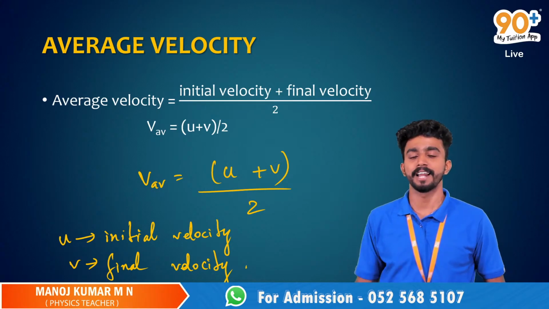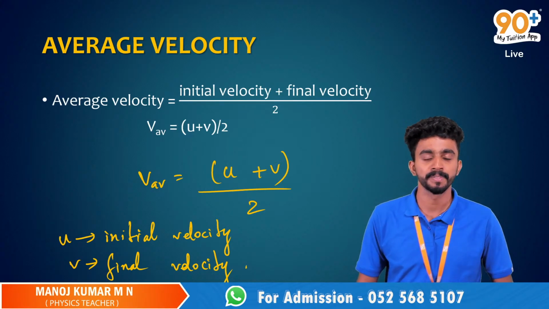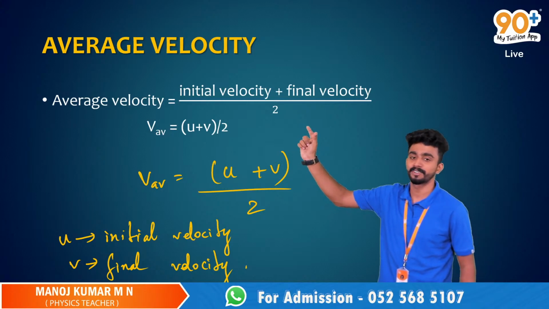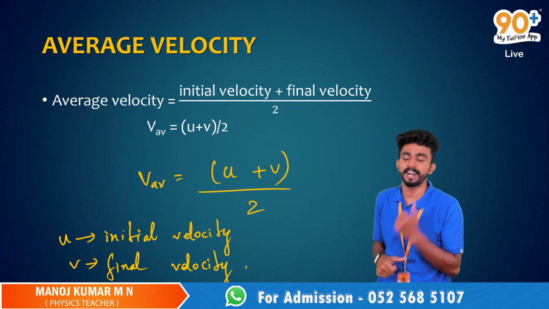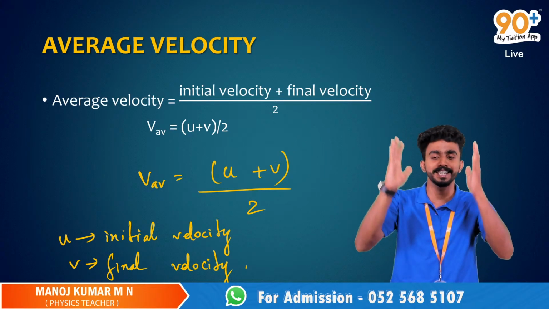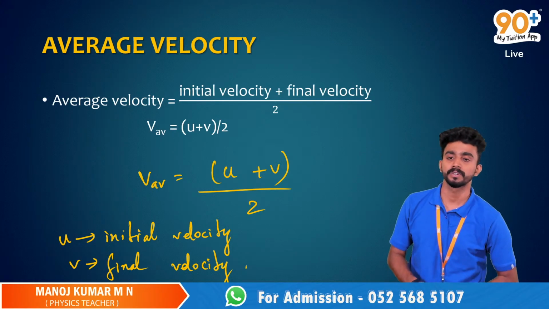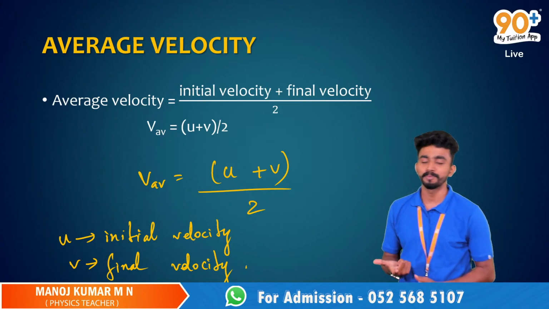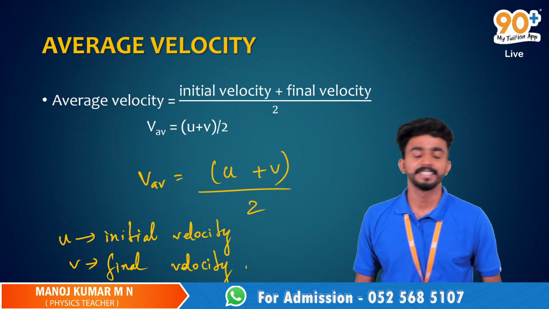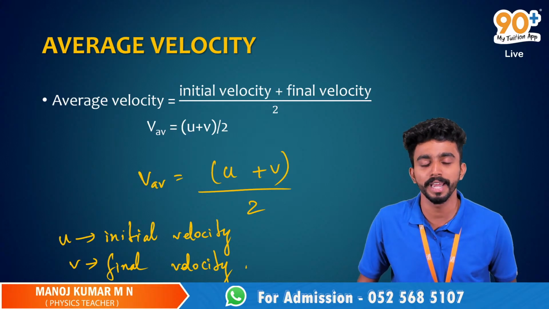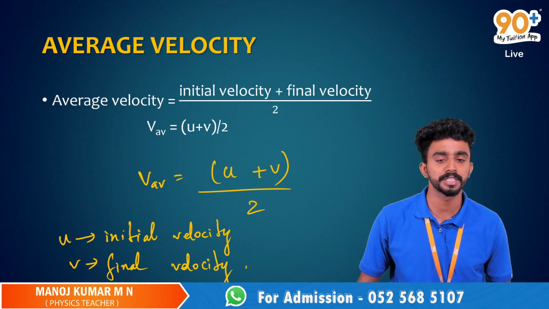So initial velocity means at the starting instance we are considering. When we do some problems regarding this, you will understand this concept in a better way. Please do note down the equation.